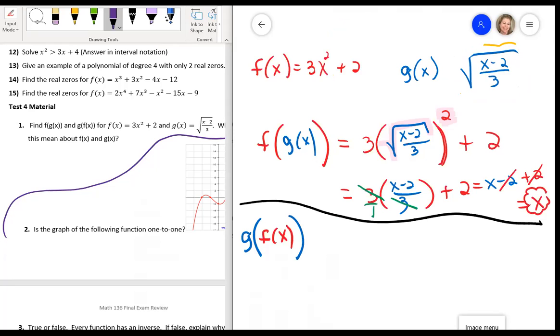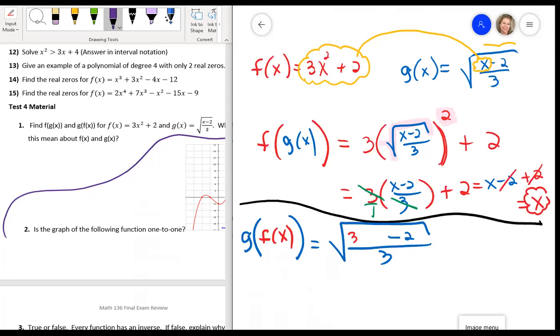So I'm going to take this mess and put it over here into this one where the x is. So this is now going to be the square root of, instead of (x minus 2) all over 3, it's going to be (3x squared plus 2 minus 2) all over 3. And now you have to simplify that mess.